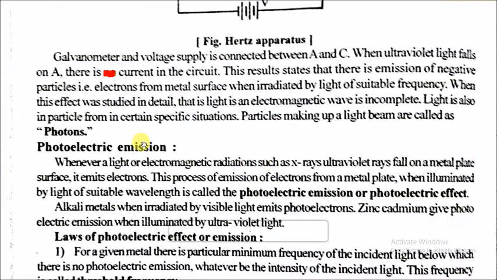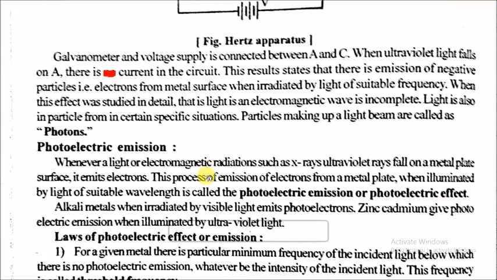Now let us take the simple definition of photoelectric emission. What is meant by photoelectric emission? Whenever light or electromagnetic radiation such as X-rays or ultraviolet rays falls on a metal surface, it emits electrons. This process of emission of electrons from a metal plate when illuminated by light of a suitable wavelength is called photoelectric emission or the photoelectric effect.